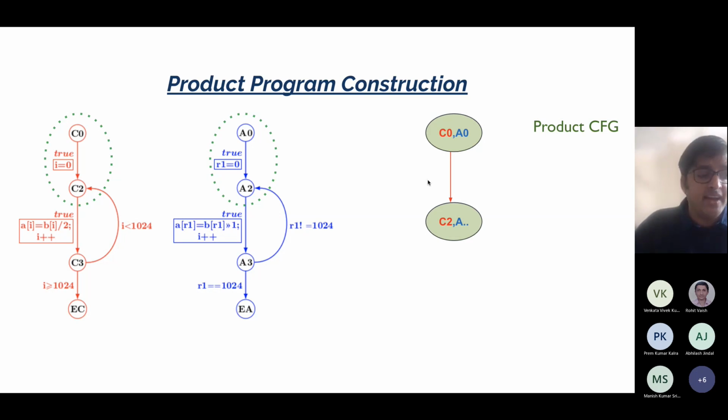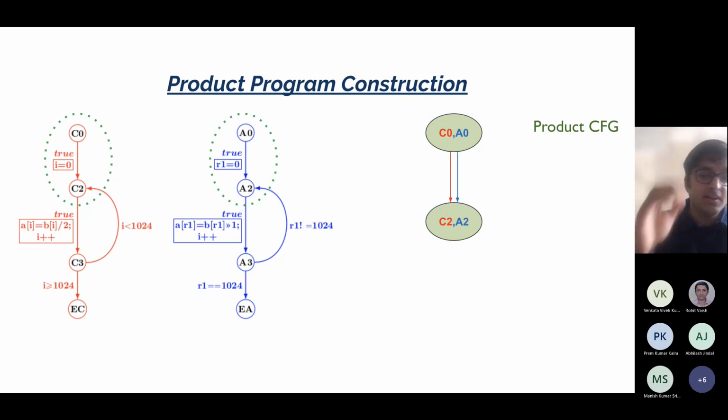Here, the outgoing red edge from C0A0 to C2 shows the execution of the C program from C0 to C2. However, we have not yet correlated this edge of the C program with an edge of the assembly program. For example, we do not know what PC to correlate with C2 in the assembly program yet.